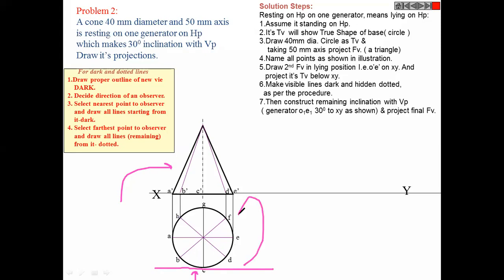You should not go here to see F. You should see from here. So F is not directly visible. So actually F is a backside point. So here we will write F in bracket. The same happens to G also. We will follow this methodology, and the same happens to H also. So these will be backside points.